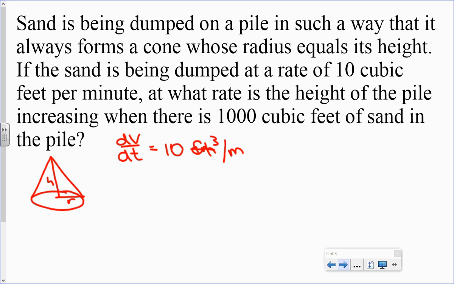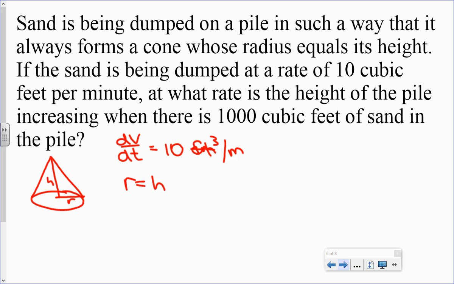What else do we know? R is equal to H. That means the diameter of the base is equal to 2H, if R equals H. Basically, that's all of the given information, though, right?